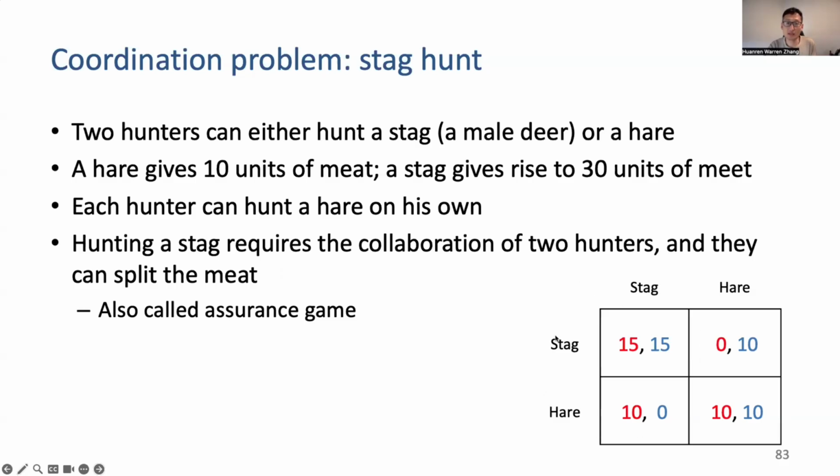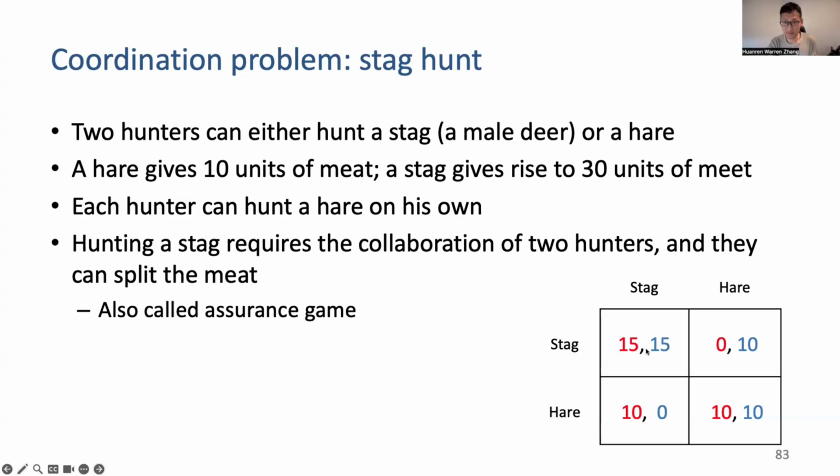So here is the depiction of this situation. It's a two-player game, and each hunter can decide whether to hunt a stag or to hunt a hare. If you look at the payoff, you may be tempted to think that, of course, it's best for both hunters to choose stag because they can split the 30 units of meat.